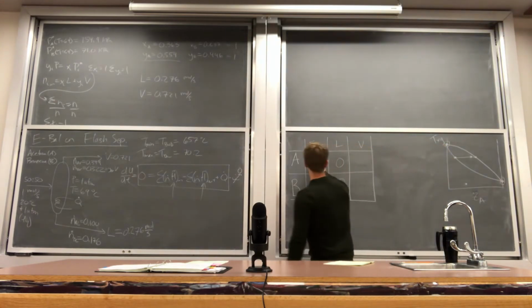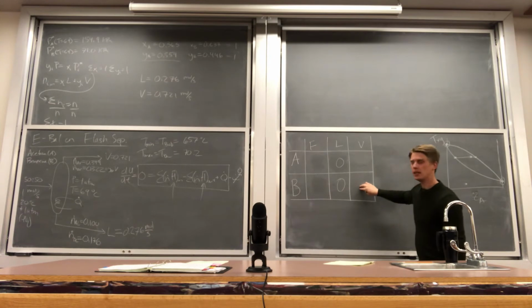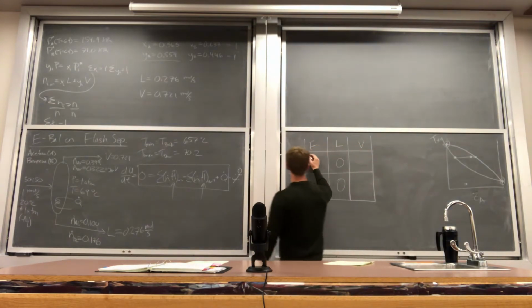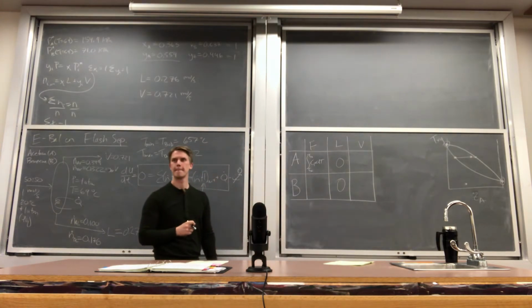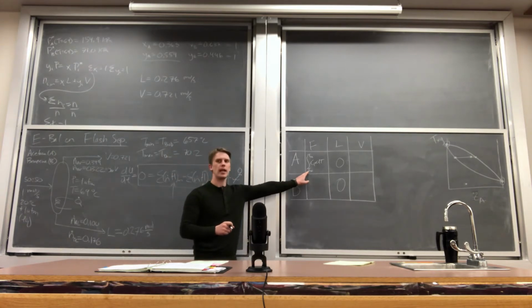So in this case, for the feed, we would integrate from our T reference to our inlet conditions, like so. Is this going to be a positive number or a negative number? Why is it going to be negative?